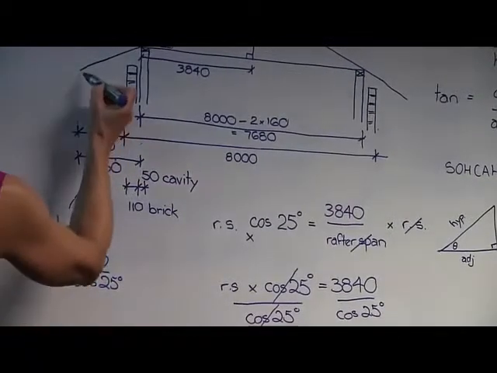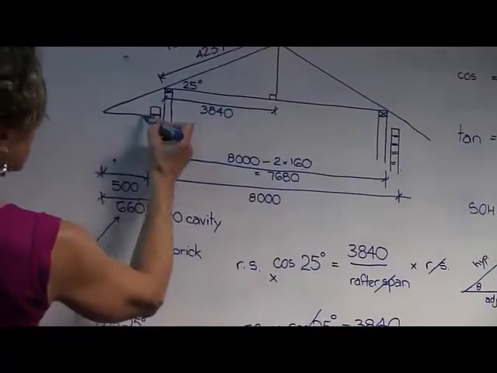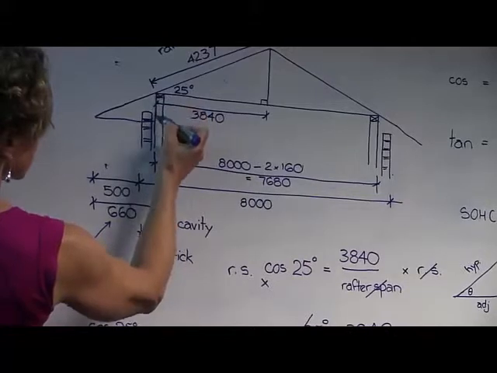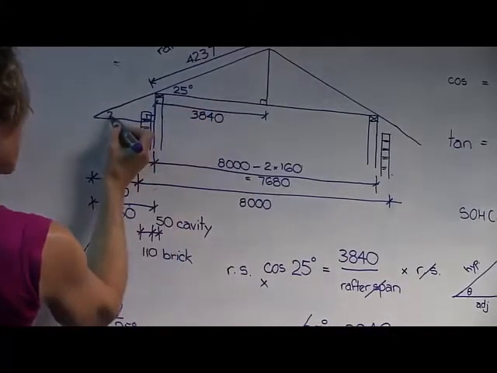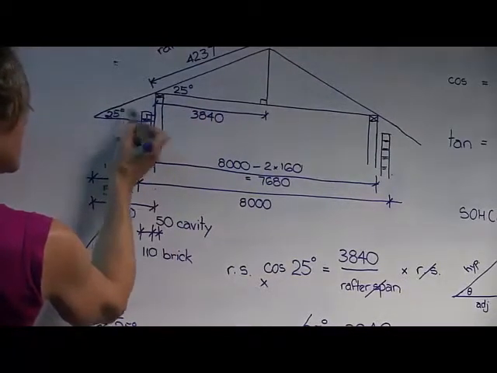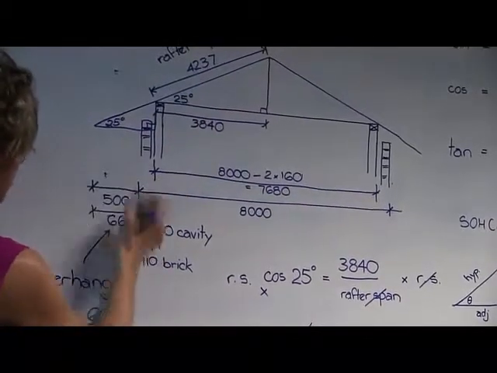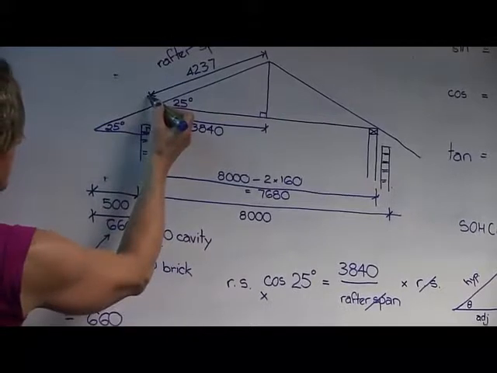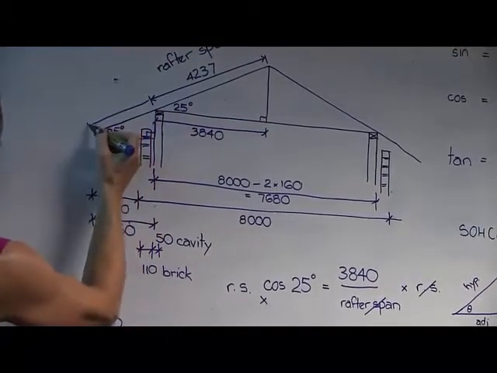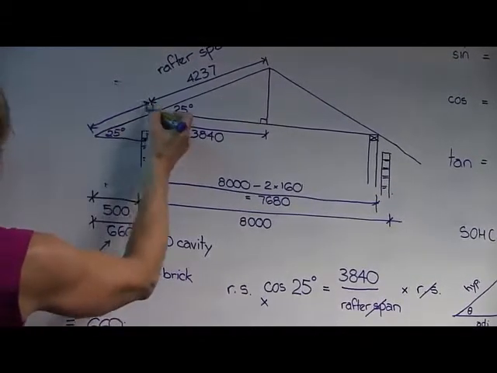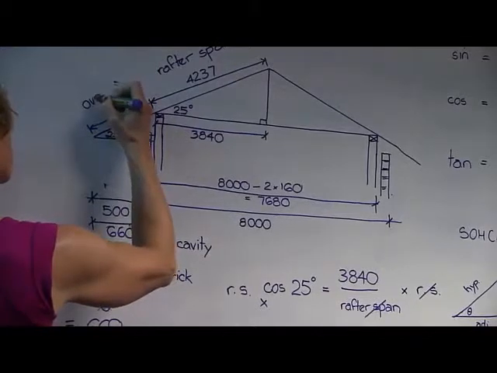The triangle is very similar to the one up there, with the base dimension being 660 and this being the overhang.